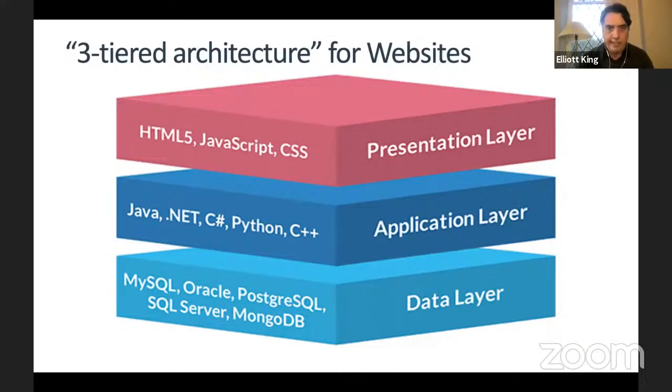It talks about 3 different layers. Right at the top, you've got the so-called presentation layer. That's HTML code, JavaScript code, CSS code. This is the stuff that runs inside your browser, Google Chrome, Internet Explorer, whatever it is. This runs locally on your own system.